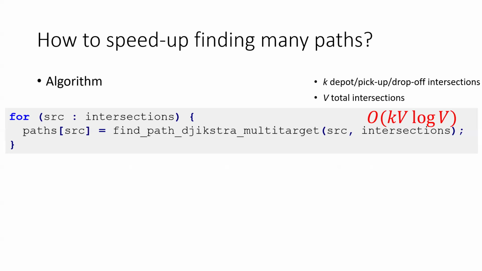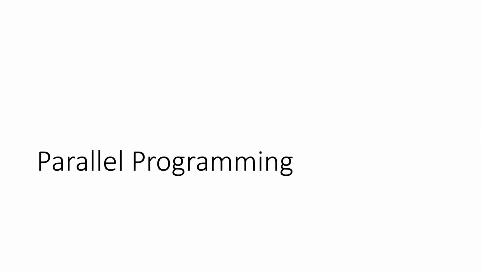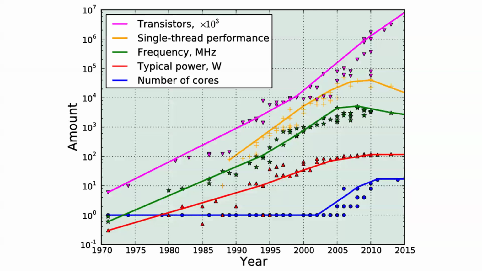After we get this algorithmic improvement, if we want even more speed, we can start using parallel programming. This is just a graph to motivate parallel programming. By Moore's law, the number of transistors on chip increases by year, and that's shown by this magenta line.